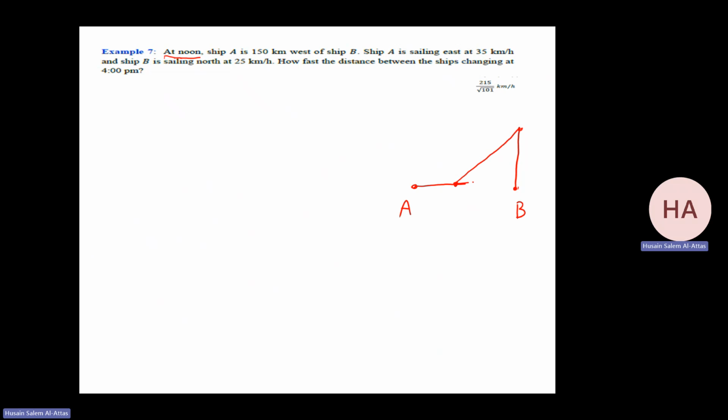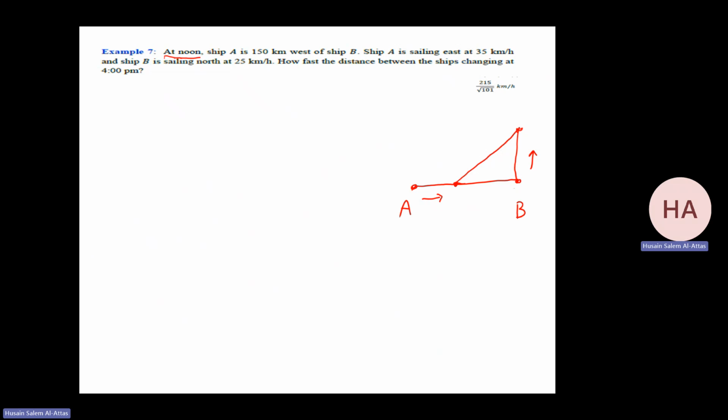So we have something like this. Let me draw it correctly. They start at a distance of 150. This one goes in this direction, and that one goes in that direction. What do they want?